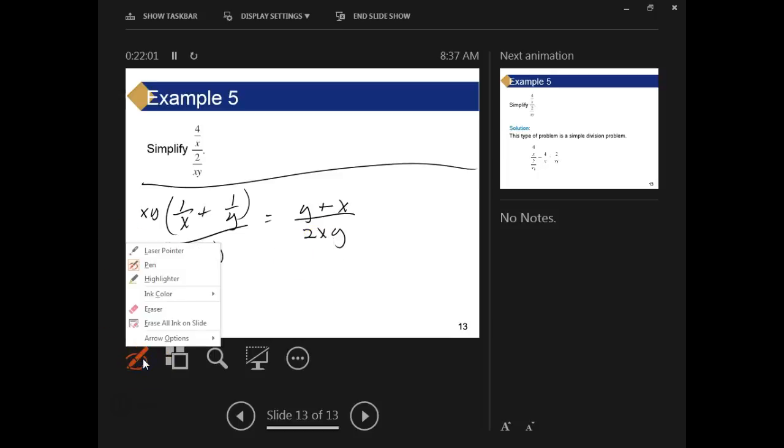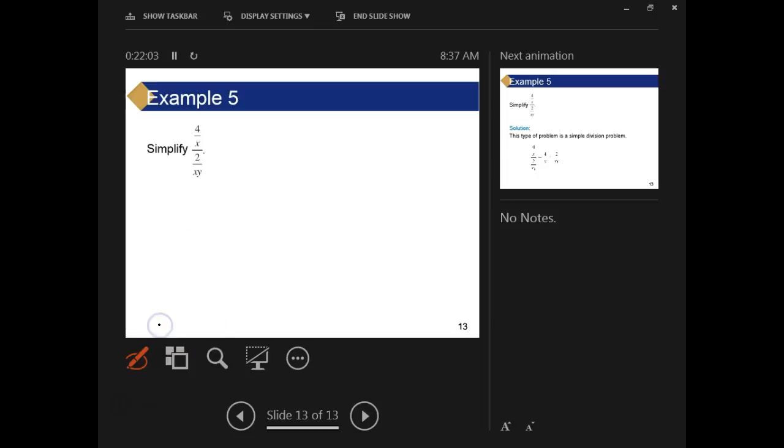Okay? This one's going to reverse the trend. And this time we'll put a -3 on top, and on the bottom, a 2 over X minus 3 over Y. Okay, what would you suggest we do here? What's your common denominator in all the denominators?